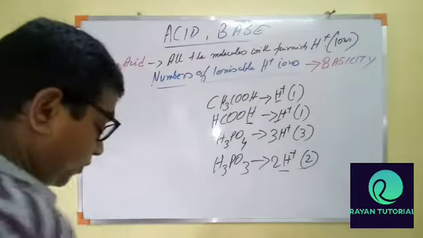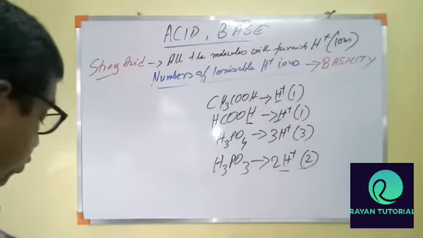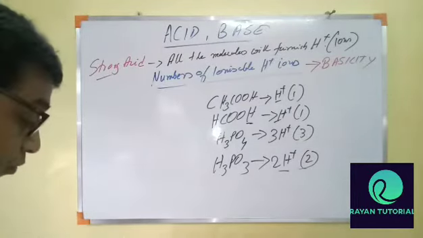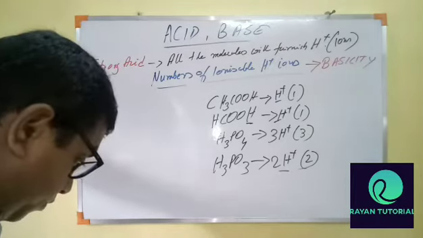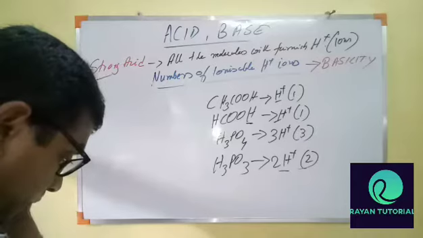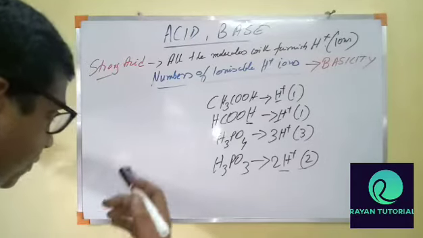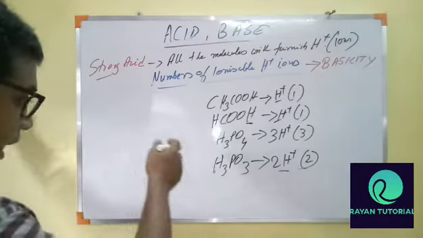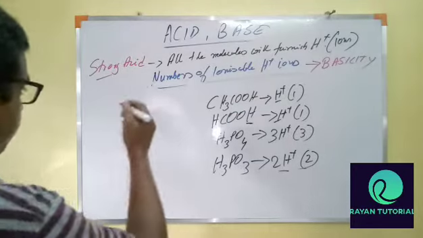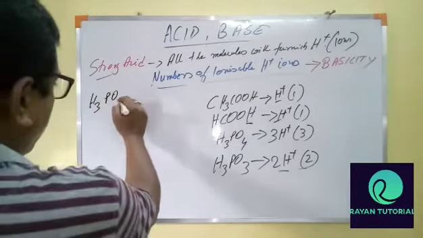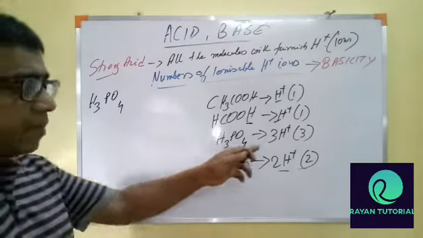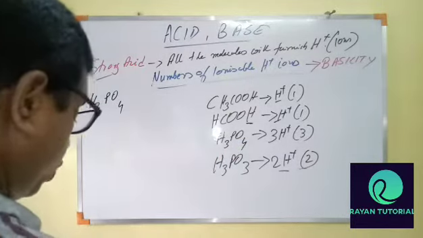I just show you. Suppose I do this one first, H3PO4. See, here the basicity is 3. Why do you know?